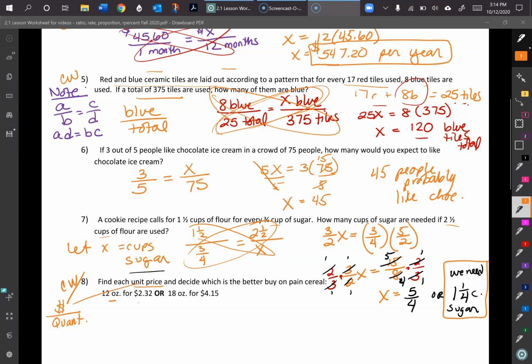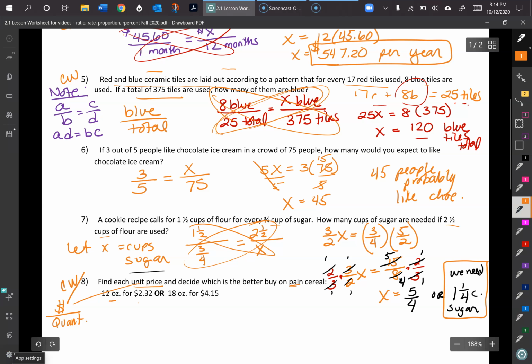I guess unless you're at the dollar store. So go ahead and try to work those out, figure out your unit price, and then say what's the better deal. And I'll just take out this typo here. Pain cereal, I don't know what that is, but I must have been mixing and matching. That's probably pain medication or cereal or something.